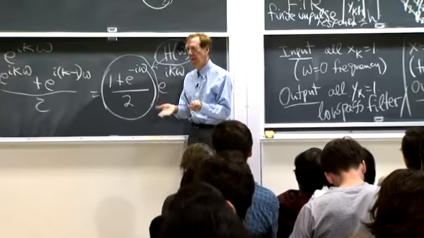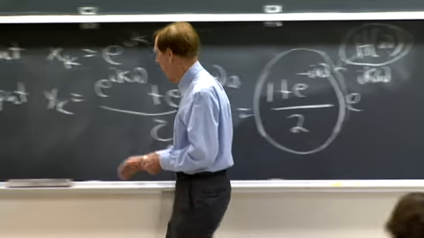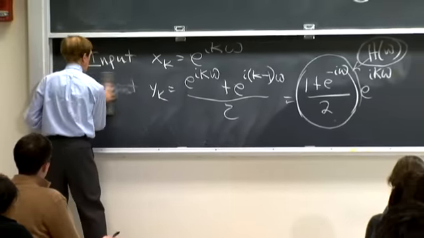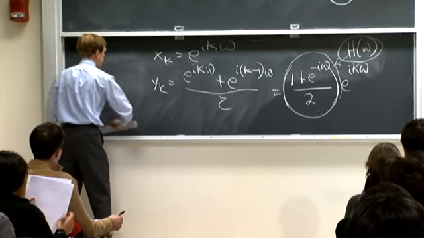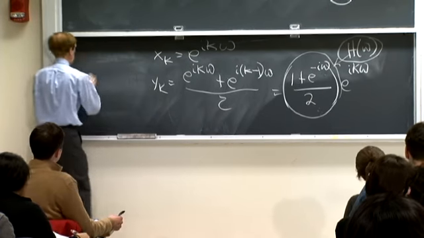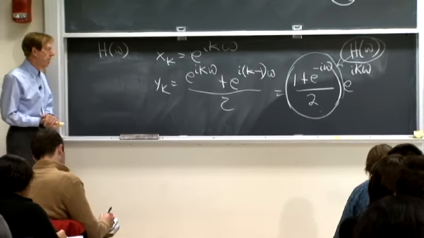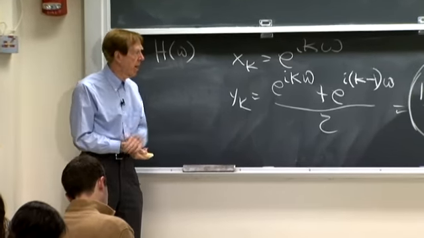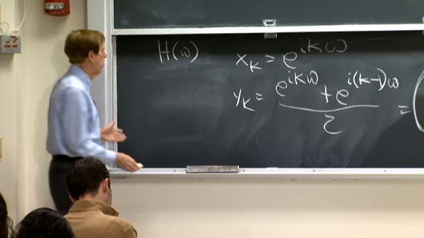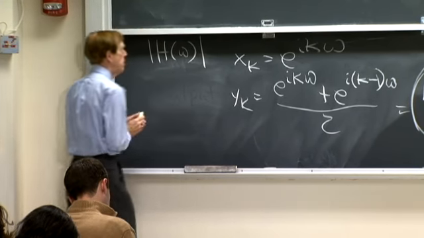And everybody would draw a graph of the darn thing, right? So this was simple. Let me do its graph over here. So I'm going to graph H of omega. Well, I have a little problem. H of omega is a complex number. I'll graph the magnitude response.